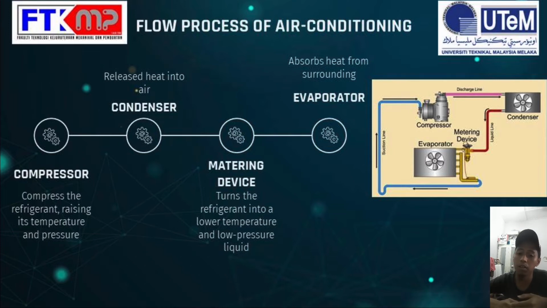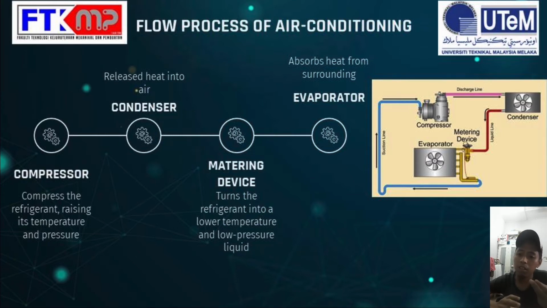After that, the compressor pushes the refrigerant into the condenser, and the condenser fan blows heat through the coil and releases the heat to the outside. After that, the refrigerant flows into the metering device, which is where the liquid changes to vapor.